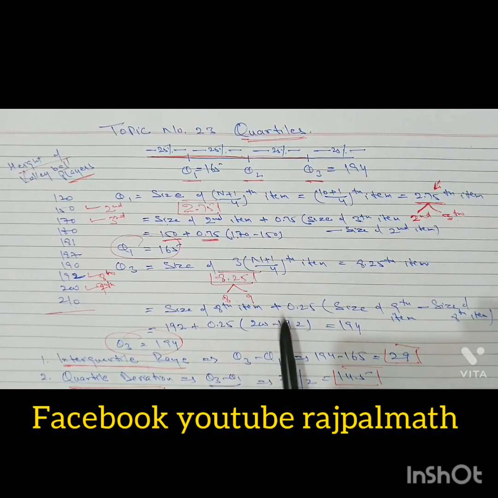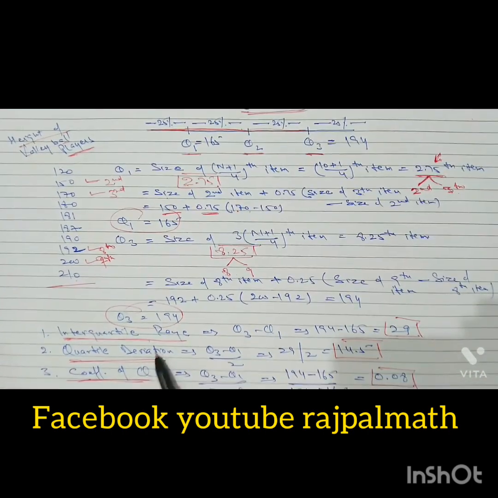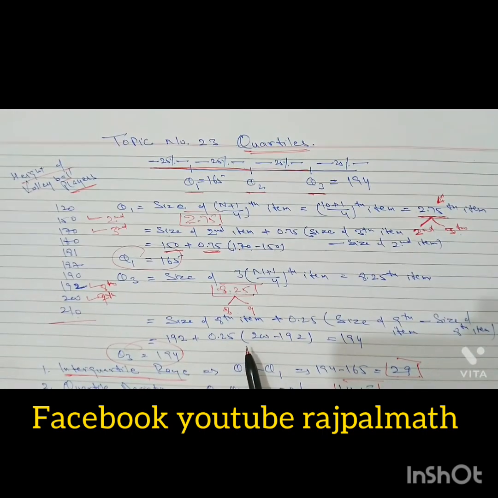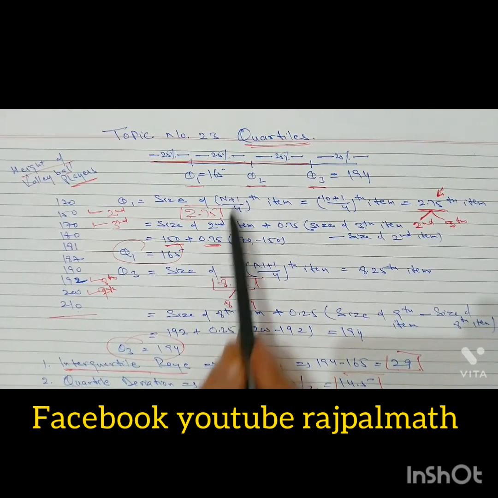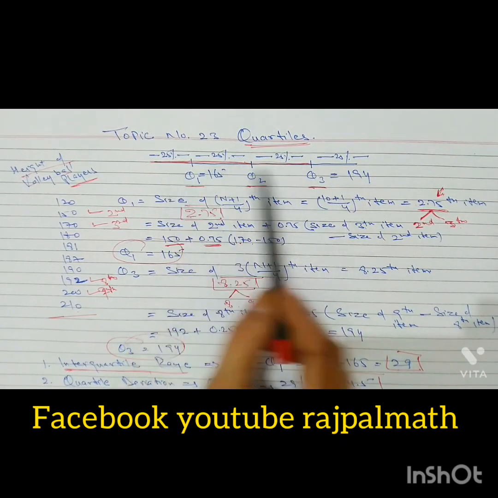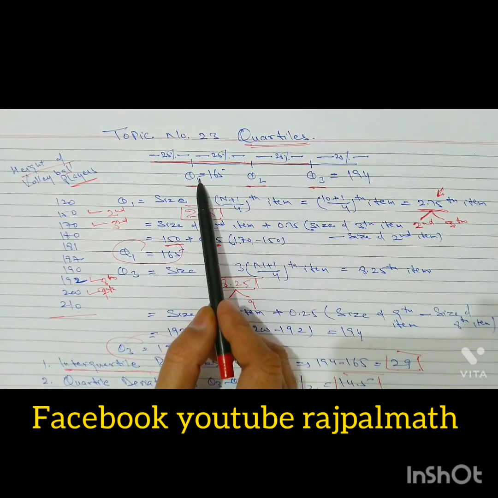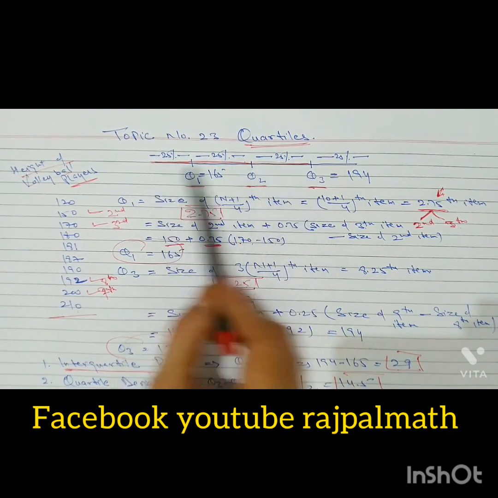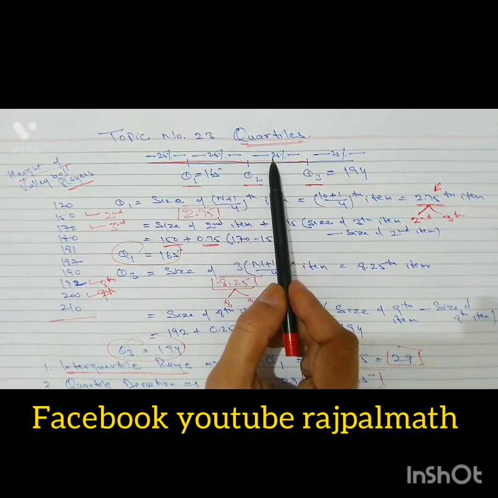So we covered quartiles, interquartile range, quartile deviation and coefficient of quartile deviation from the same question. Quartiles divide a given series into 4 equal parts. Q1 covers the first 25%, Q3 covers the first 75% of the series.